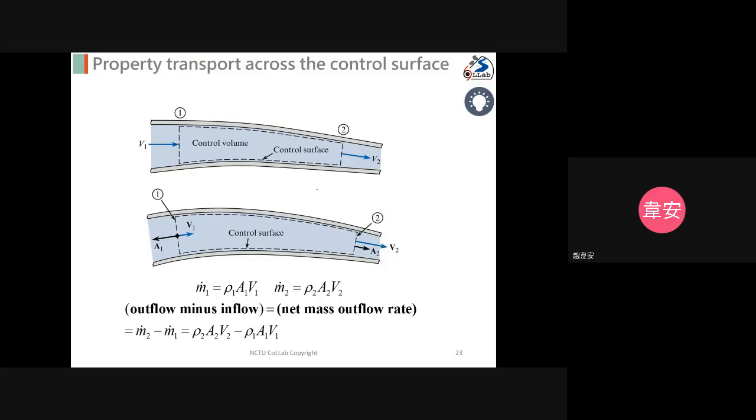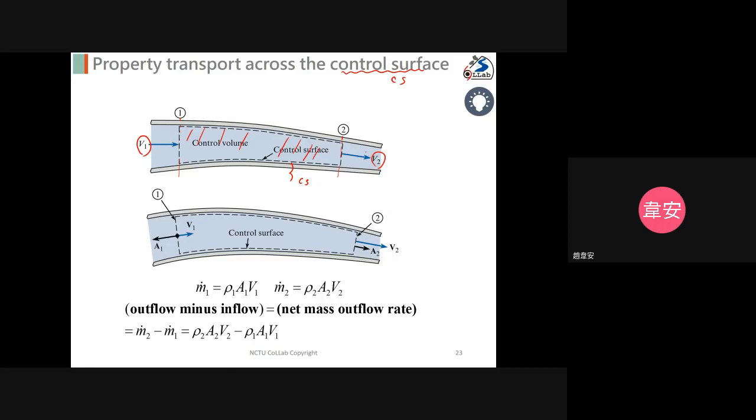And now we discuss the method of flow through the control surface, CS. We have picked the control surface already, the inside is the control volume, and the dashed line is the control surface. In this case we have cross-section area 1 and cross-section area 2, and we have two flow fields: V1 inside the control volume and V2 outside.